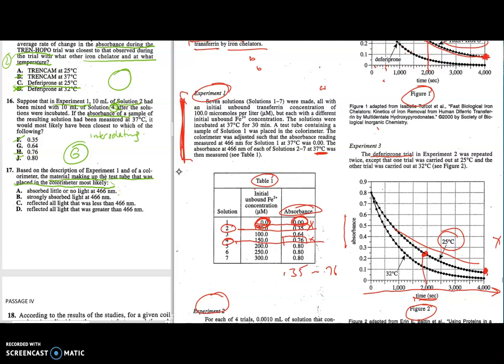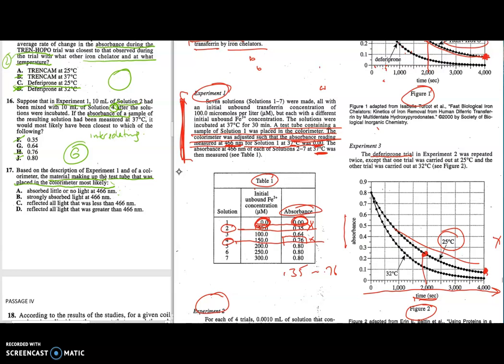So the experiment, a test tube containing a sample of solution 1 was placed in the colorimeter. The colorimeter was adjusted such that the absorbance readings measured at 466 for solution 1 at 37 degrees would be 0. So they don't want it to absorb any light, right? Because if it doesn't absorb anything, then that means it's at 0. And then any light that's absorbed after that, we know that it's from 0 on.